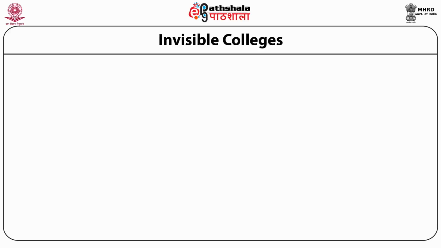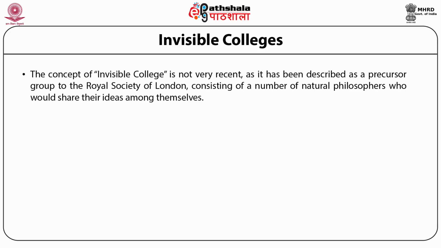Invisible colleges. The concept of invisible college is not very recent. It has been described as a precursor group to the Royal Society of London, consisting of a number of natural philosophers who would share their ideas among themselves.